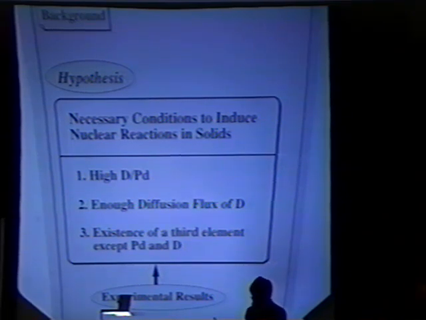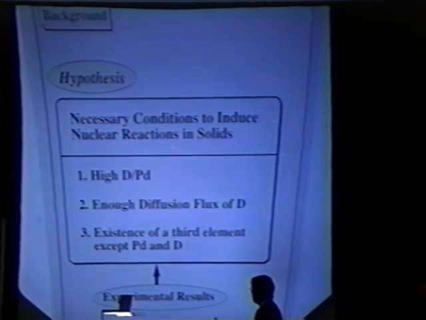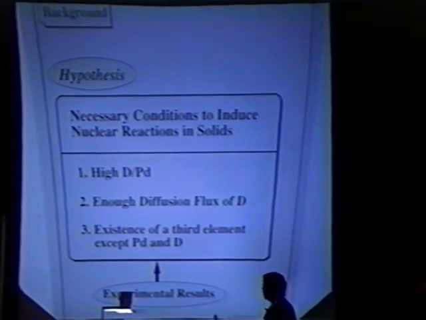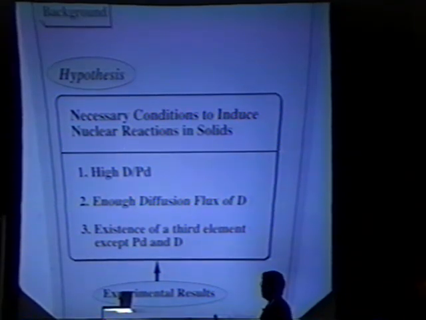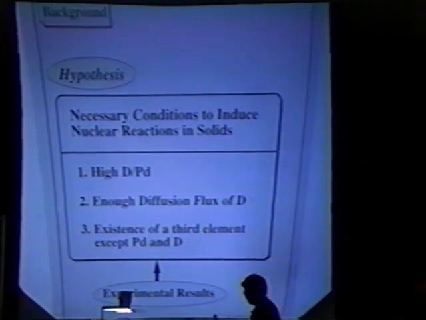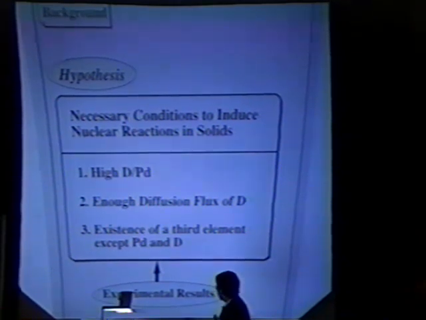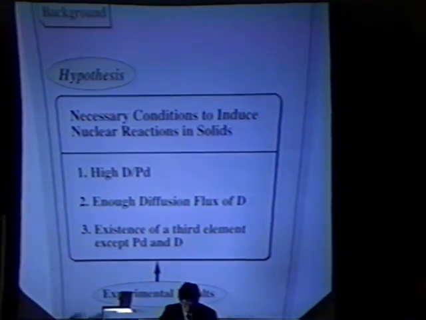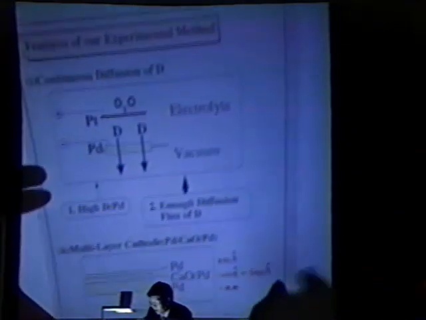So now we have the assumption that the necessary conditions to induce nuclear reactions in solids are a high D/Pd ratio, enough diffusion flux of D, and the existence of a third element besides palladium and deuterium. To satisfy these conditions, we developed a new type of experimental device and cathode.